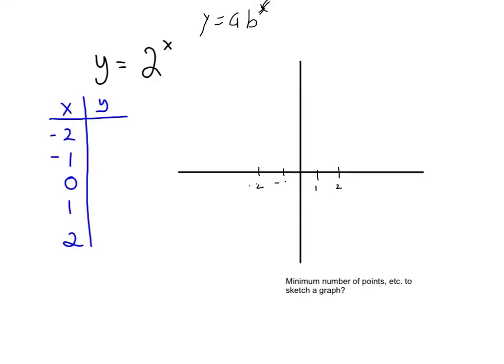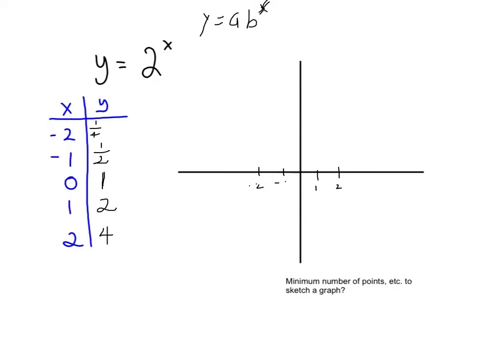I'm going to start with 0. When I put 2 to the 0 power, anything to the 0 power is just 1. 2 to the first is 2, 2 to the second power is 4. And with the negative exponent, 2 to the -1 power would be 1/2. And 2 to the -2 power would be 1/4.